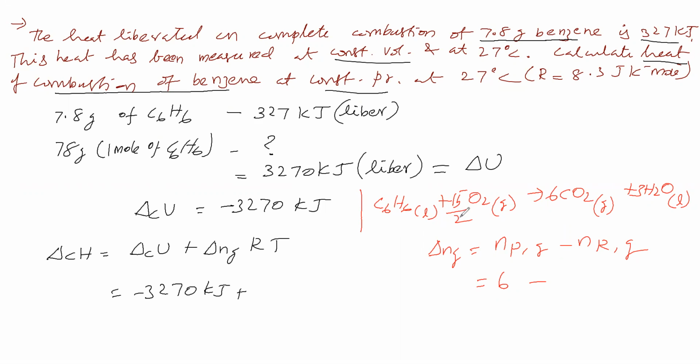In reactants we take only gas, that is oxygen, 15 by 2, which is 7.5 moles. So delta ng is minus 1.5 moles. Delta ng we substitute, minus 1.5 moles, into R. R value is given as 8.3.